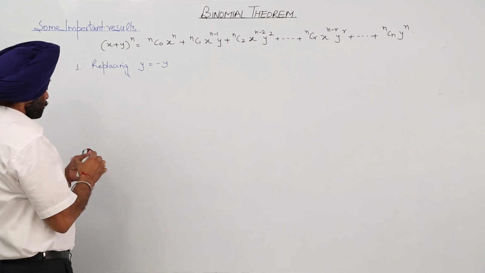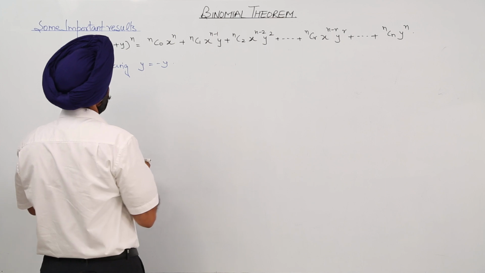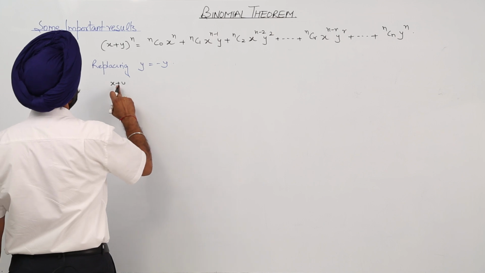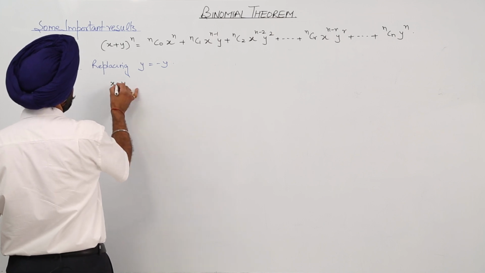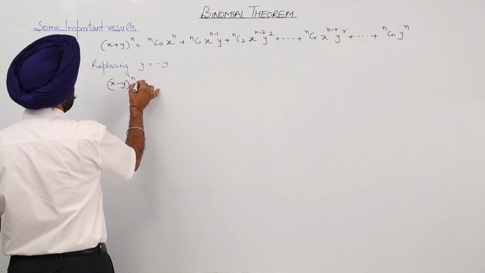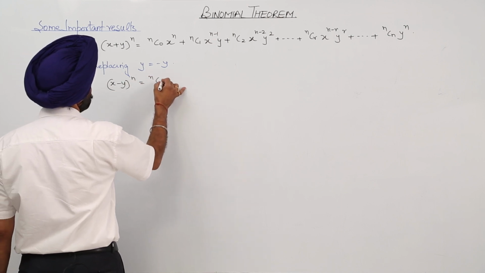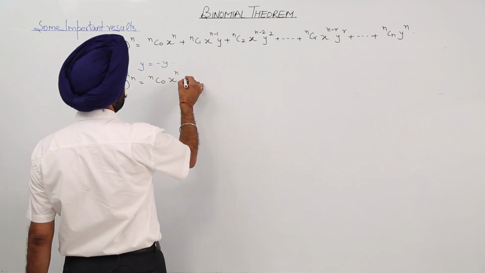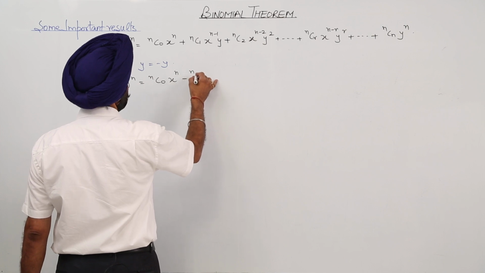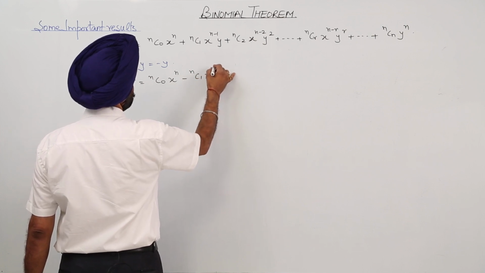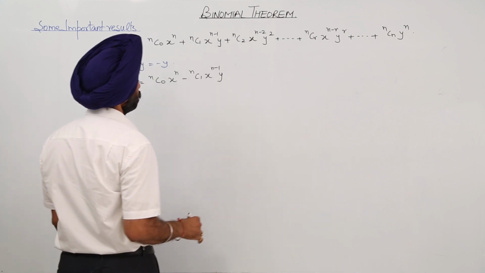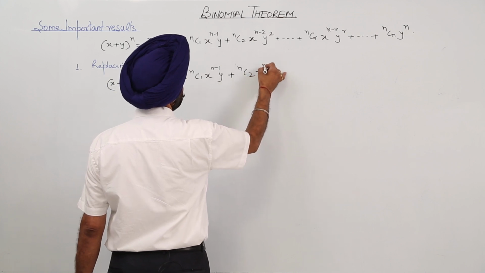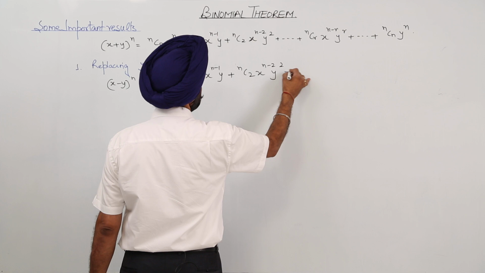So what will the result be? (x - y)^n is equal to nC0 x^n, first term as it is, second term will be now negative, minus nC1 x^(n-1) y, then plus nC2 x^(n-2) y square, then negative.